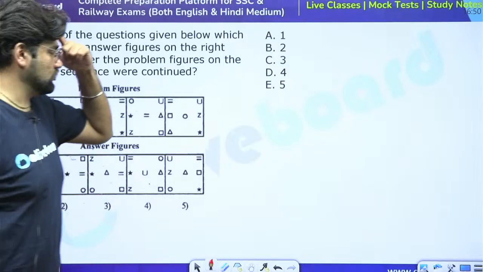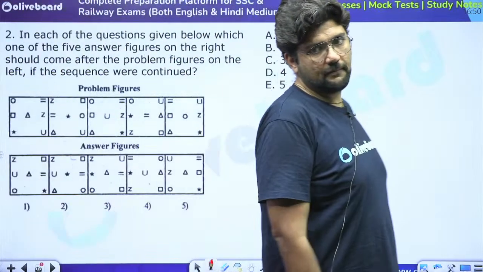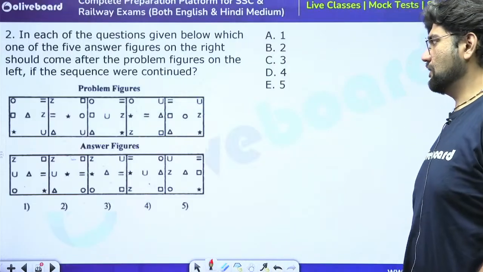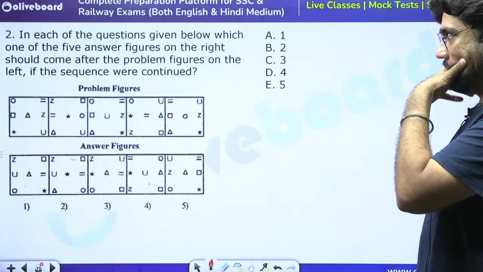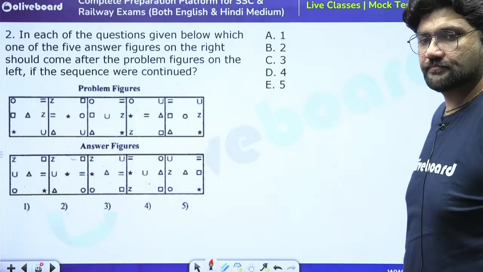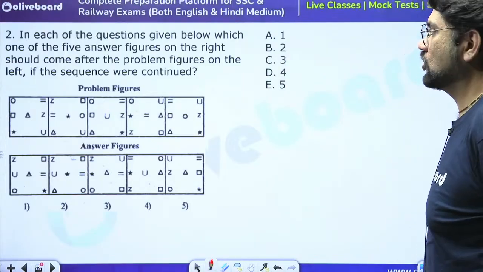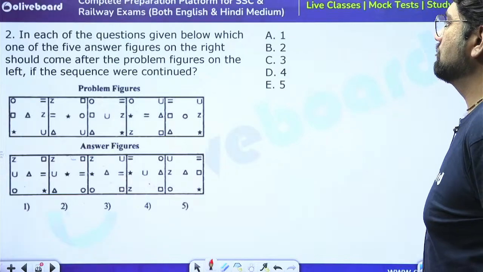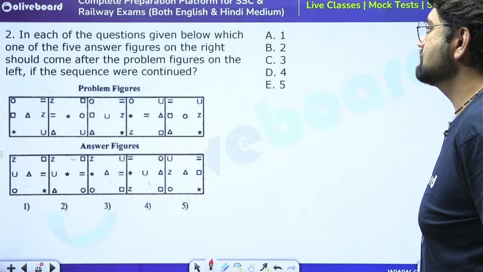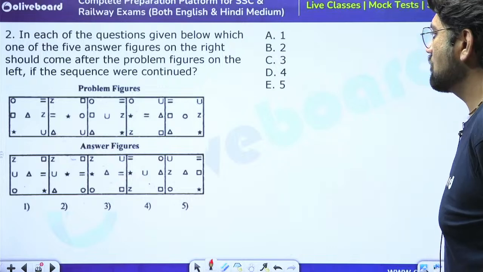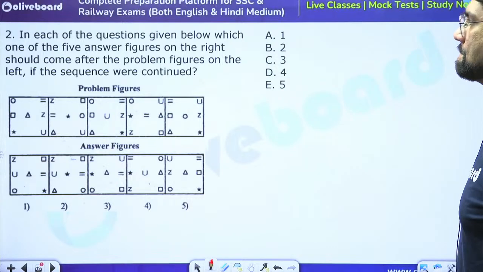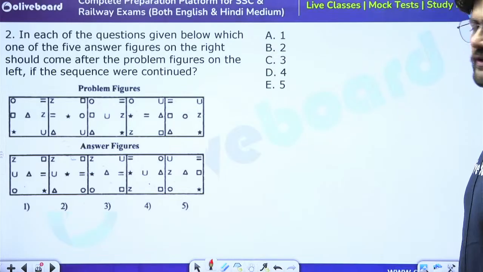Excellent figure series based question. Just give it a shot. We'll probably keep this as the last question today.